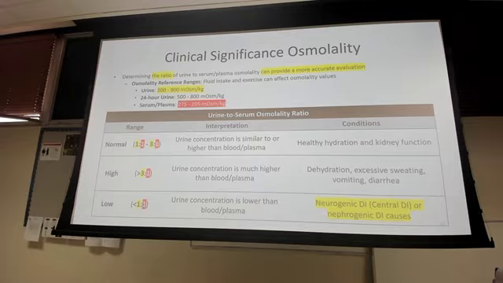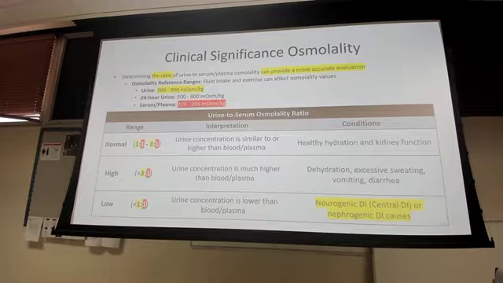All right, so this chart is important. That's why there's a lot of highlights on there, okay? Just like you all should be highlighting. All right, so normal is 1 to 1 to 3 to 1. If you see a 1 to 1 to 3 to 1 urine to serum osmolality ratio, that is considered healthy hydration and kidney function.